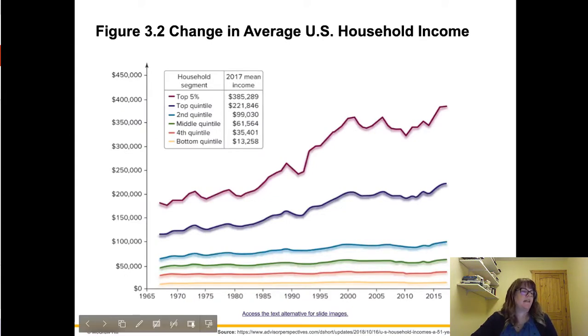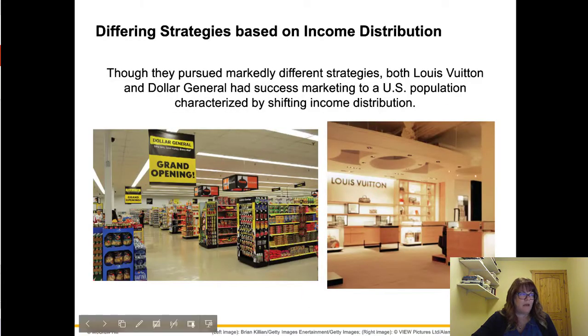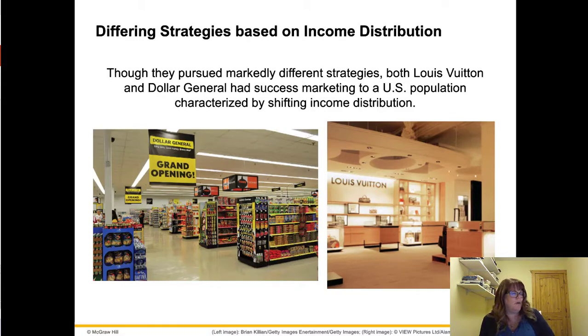And here is a visual identifying the change in the mean household income in the U.S. for various household segments over the past few decades in current dollar values. Shifting income distribution offers marketers new opportunities to satisfy customer needs and wants at various income levels.